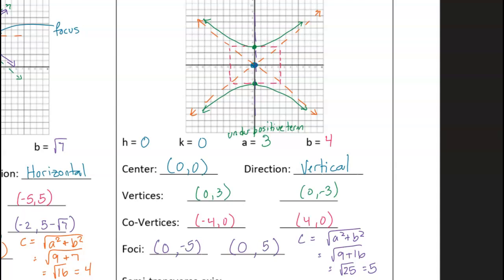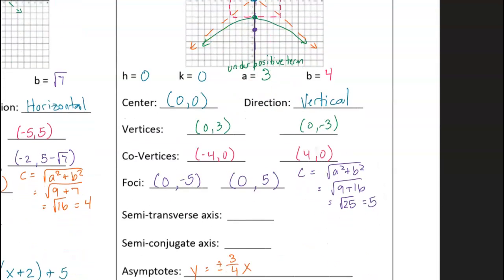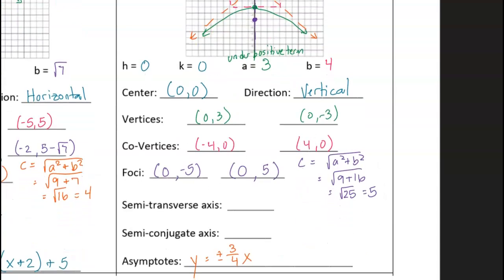So my foci are at a positive 5 and also a negative 5. The farther out your foci go from the center, the wider your hyperbola becomes. And the semi-transverse is our A value, the semi-conjugate is our B.